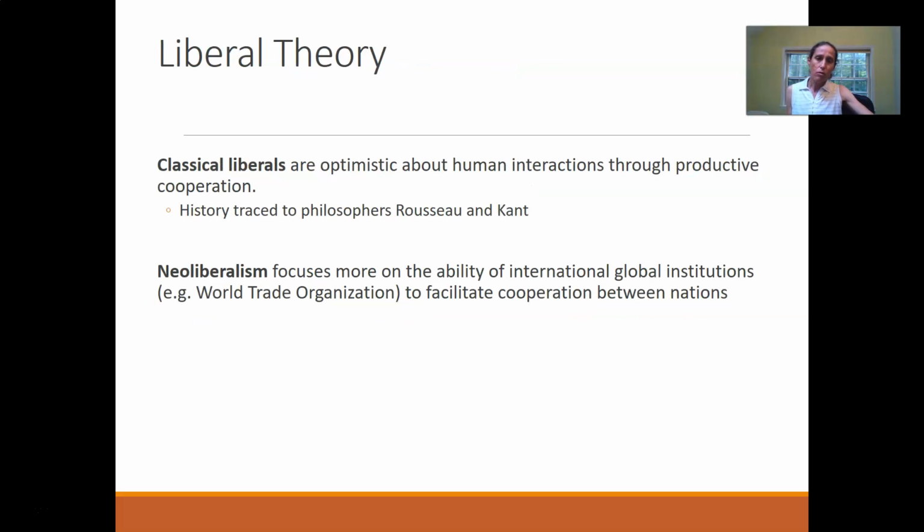A few more words about liberal theory, and we will see it again later on in the semester. We are going to talk about the idea that economic cooperation can lead to even more closeness between countries, economic interdependence, because countries who do business together do not fight each other, right? This theory will be tested in the near future in the relationship between China and the United States, for example.